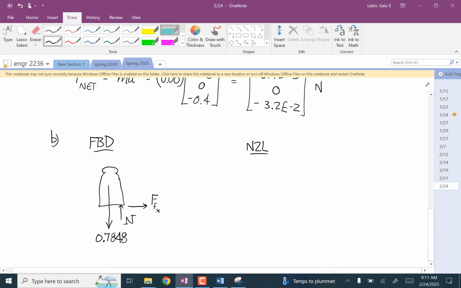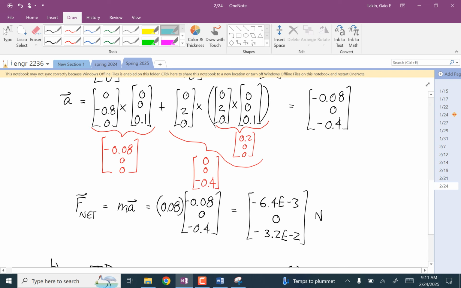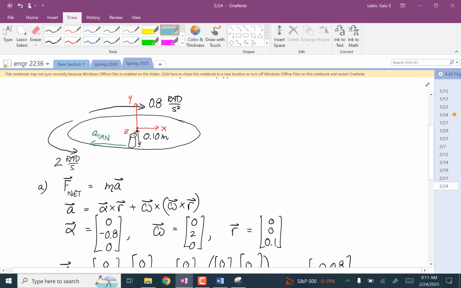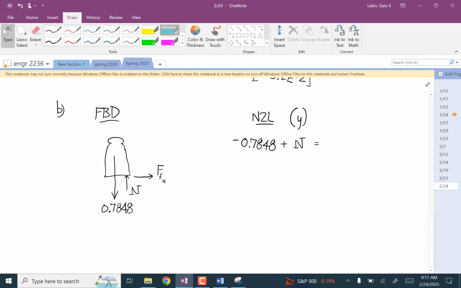I want to calculate this normal force, which is in the y direction. So I'm only going to think about the y component. For forces, we have negative 0.7848 plus N is equal to, we have no acceleration in y.